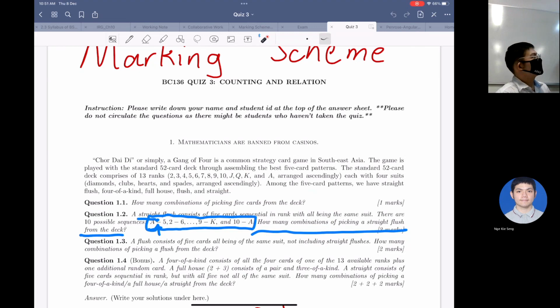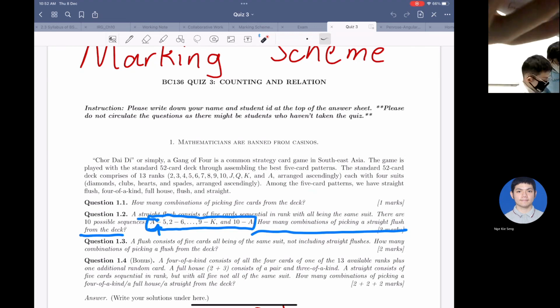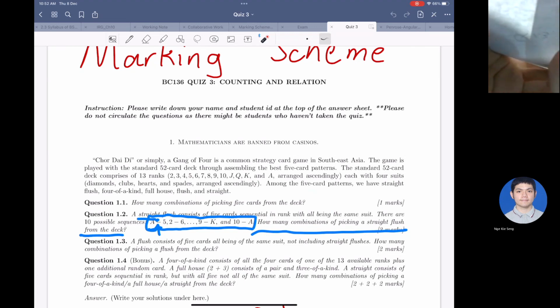Just take away the folding. Okay, line. Not straight line.